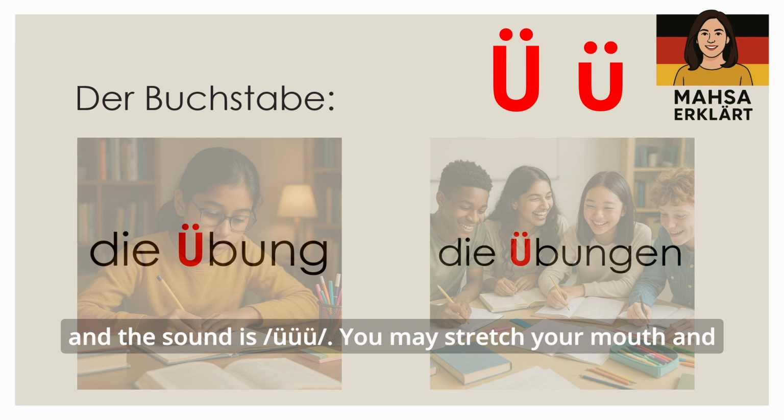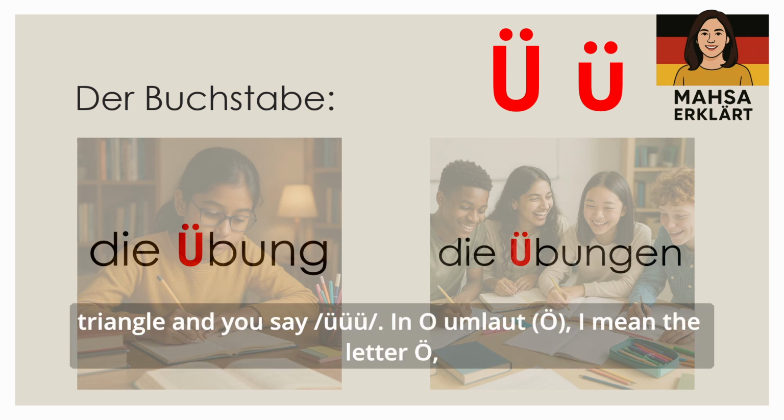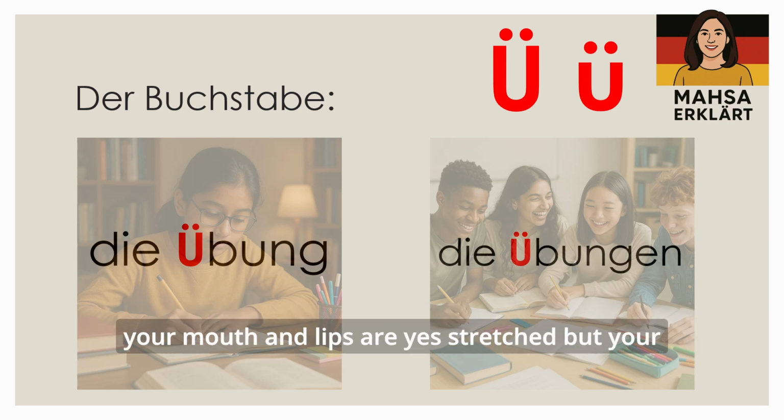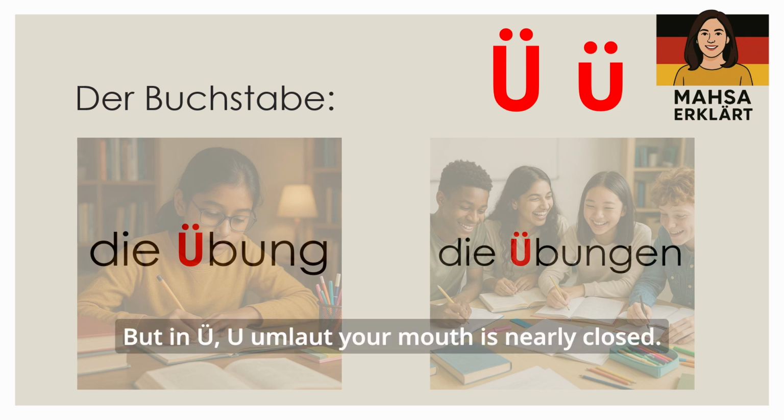Next letter is U with umlaut, and the sound is Ü. You may stretch your mouth and lips and say Ü, and you close them to look like a triangle, and you say Ü. In O umlaut, I mean the letter Ö, your mouth and lips are, yes, stretched, but your mouth is still open, like a pipe. But in U umlaut, your mouth is nearly closed.